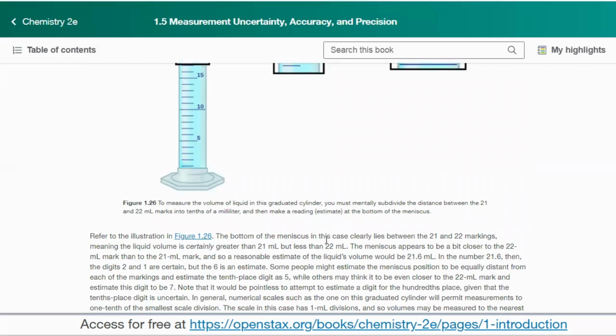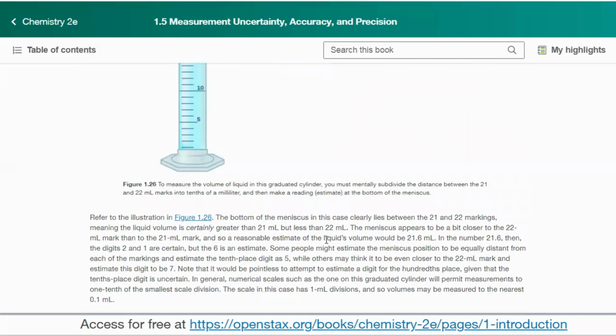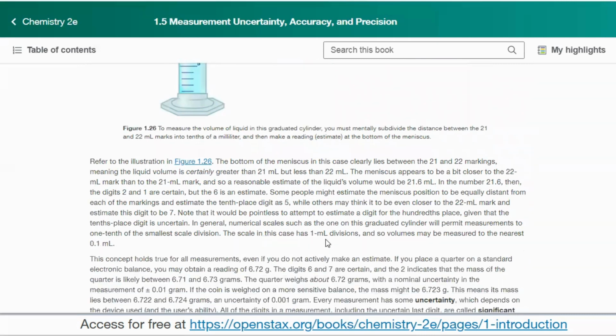Given that the tenth place digit is uncertain, in general, numerical scales such as the one on this graduated cylinder will permit measurements to 1/10 of the smallest scale division. The scale in this case has 1 milliliter divisions, and so many volumes may be measured to the nearest 0.1 milliliter.